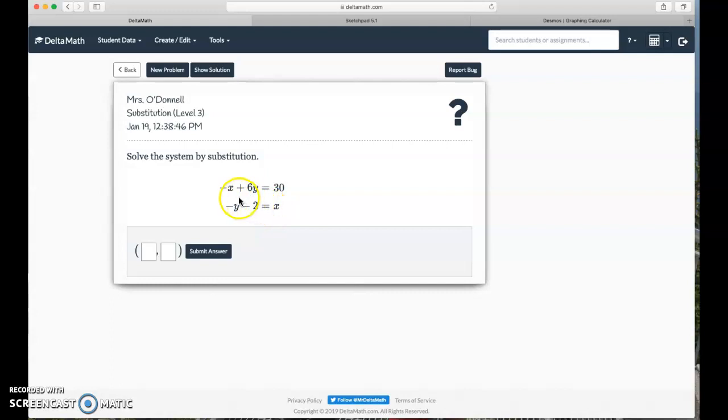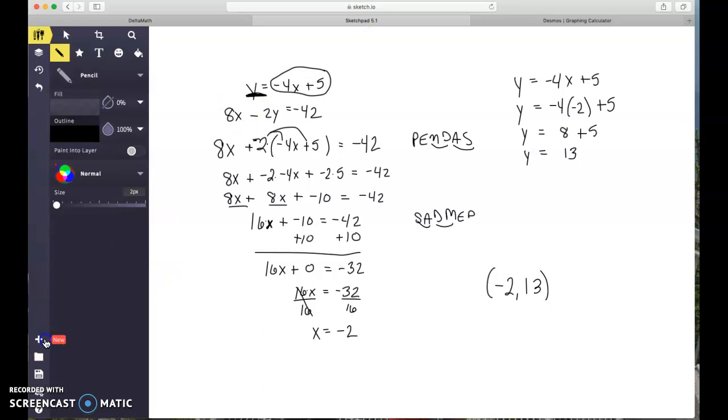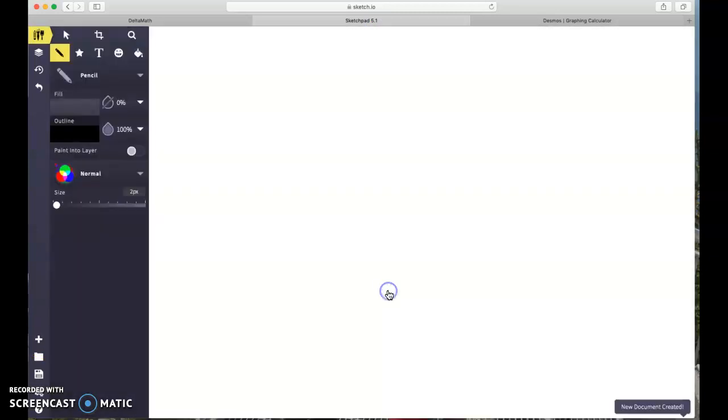X equals, so in the first equation, you're going to take out your x and plug in this left-hand side of your second equation. So you would end up with negative y minus 2 plus 6y equals 30. And you want to be real careful about how you write out those negatives. I'll show you a quick example of that one.